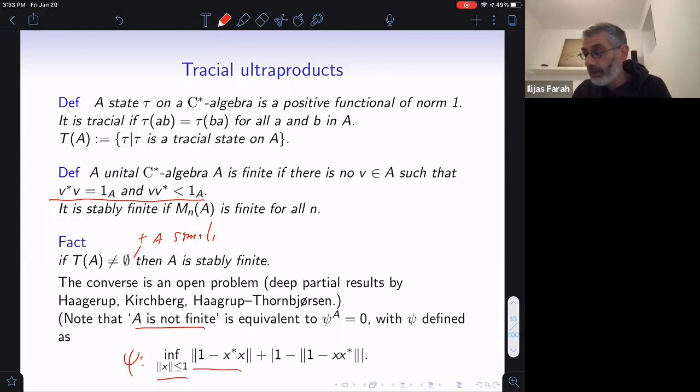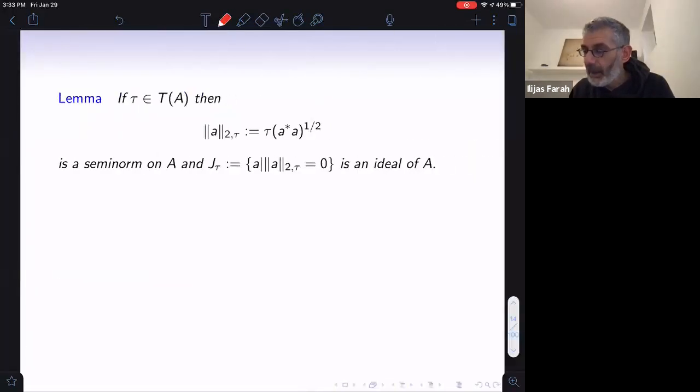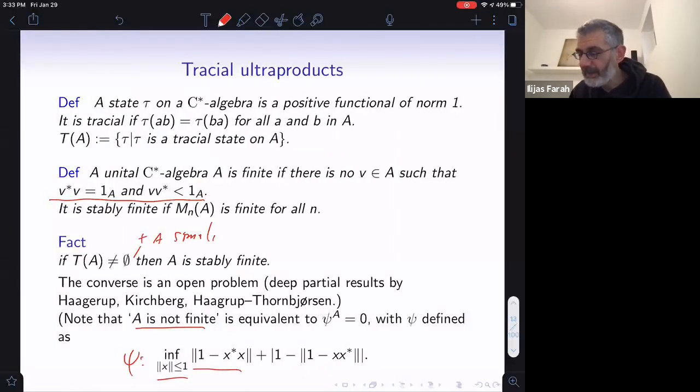Okay, so what this means is that non-finiteness is preserved by ultrapowers. For finiteness, it's not obvious, and I guess it's probably not even true. But okay, I'll leave it at that.